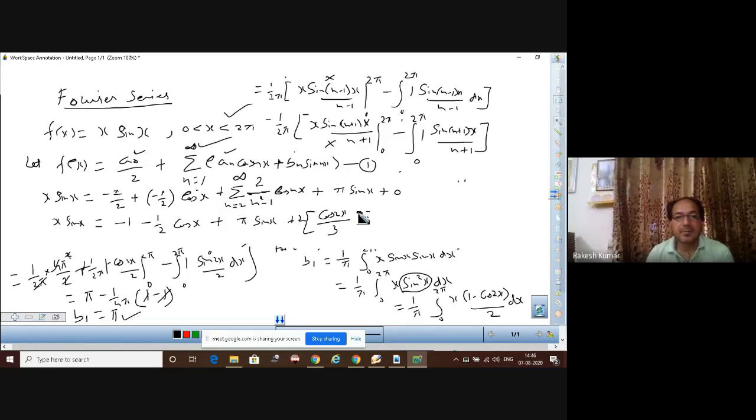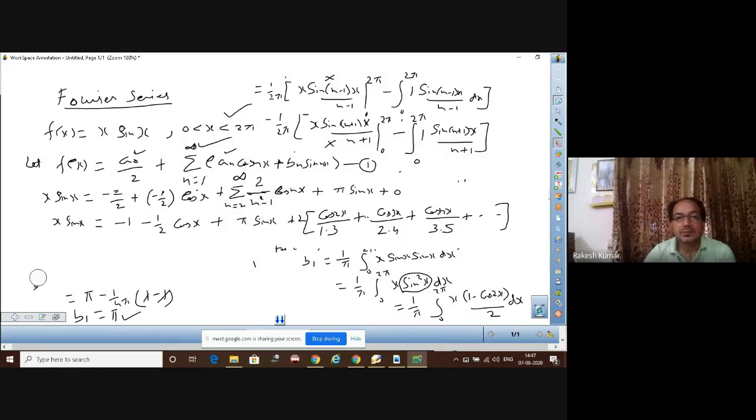So this is 3 plus cos 3x upon 3 square minus 1, 9 minus 1 is 8. So this can be written as 2 into 4, and 3 can be written as 1 into 3. And similarly for n equal to 4, that is cos 4x upon 4 square minus 1, 15, so that will be 3 into 5. This is the pattern we can easily make. So this is your required series.